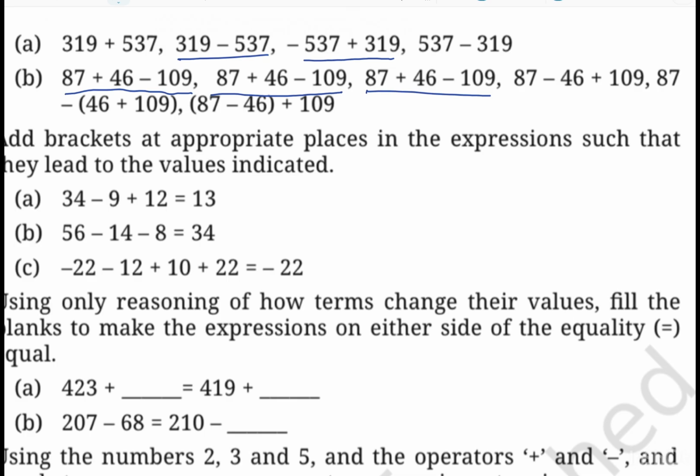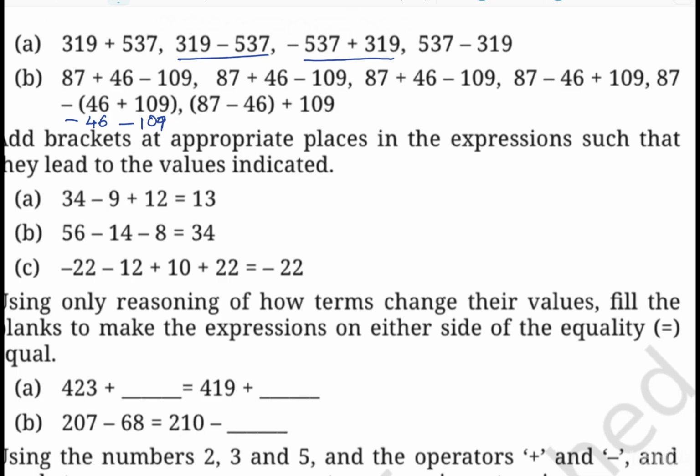And look at this, 87 minus 46 plus 109. Here 87 minus 46 plus 109. When we open the bracket, it will become minus 46 minus 109.